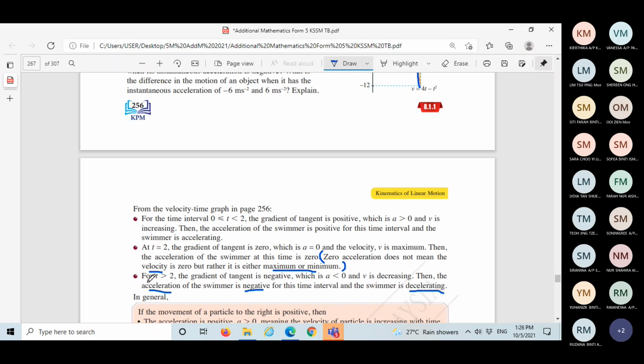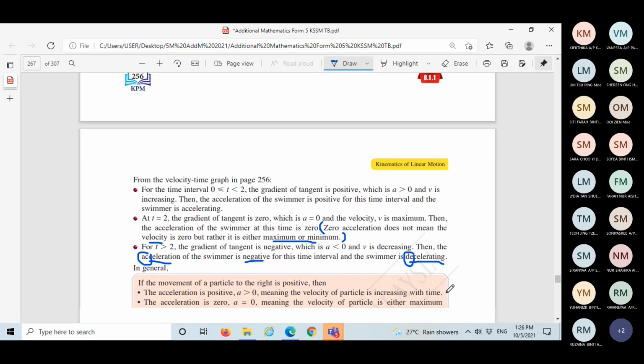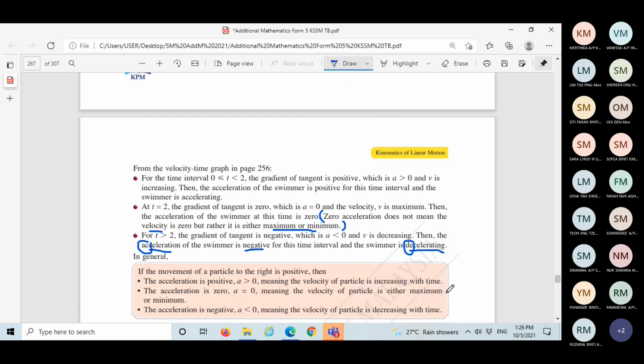Deceleration means slow down, not speed up. Acceleration actually means speed up. So if acceleration is negative, you can also say deceleration.